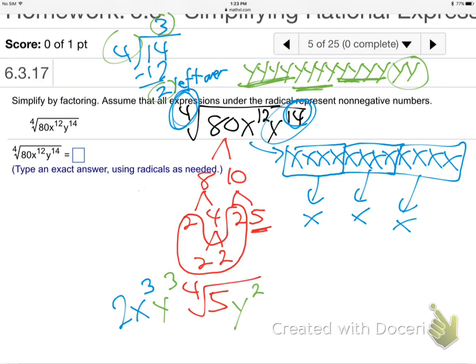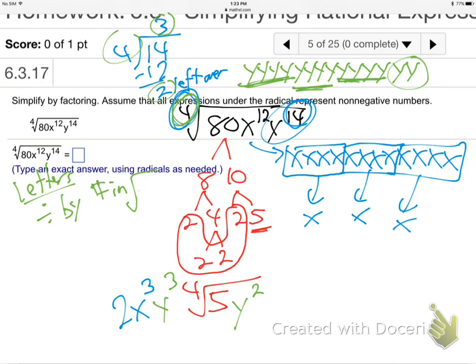So you don't have to write all those x's and y's out. You can just divide by the number in the root. Divide by the 4. And whatever remains stays inside.